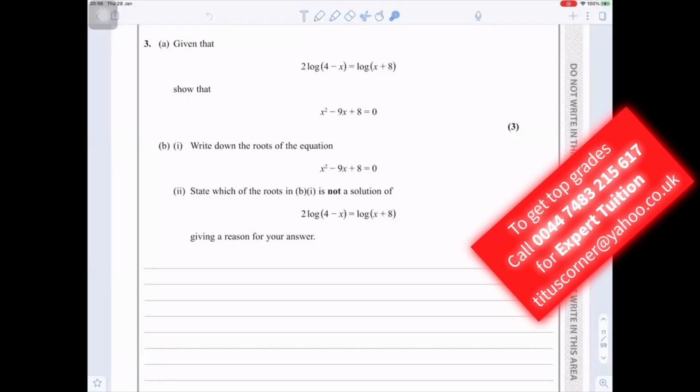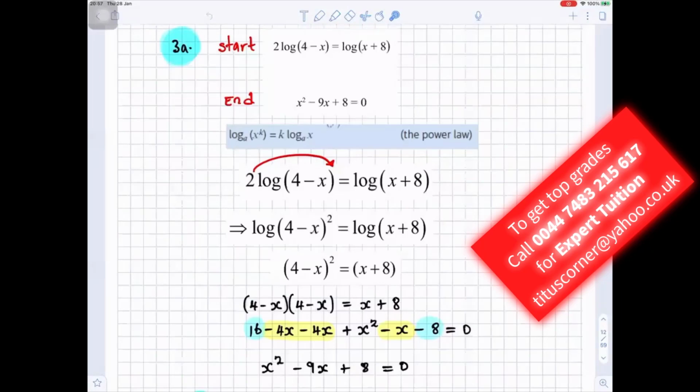2 log bracket 4 minus x equals log bracket x plus 8. Show that x squared minus 9x plus 8 equals 0. So for question 3a, we start with 2 log bracket 4 minus x equals log bracket x plus 8, and we want to end with this quadratic. So you know where you start, you know where you want to end.